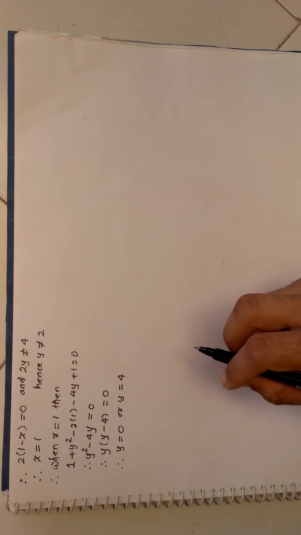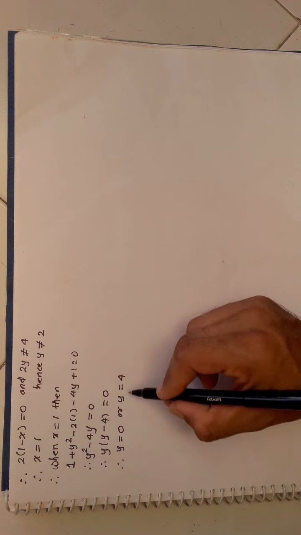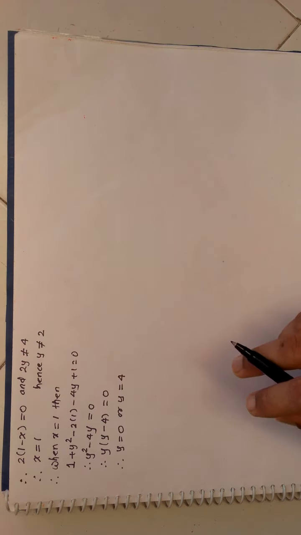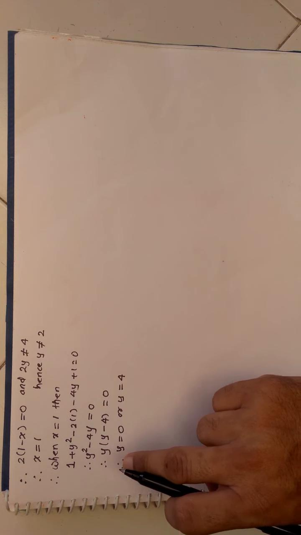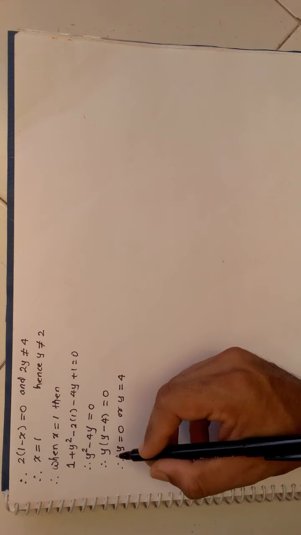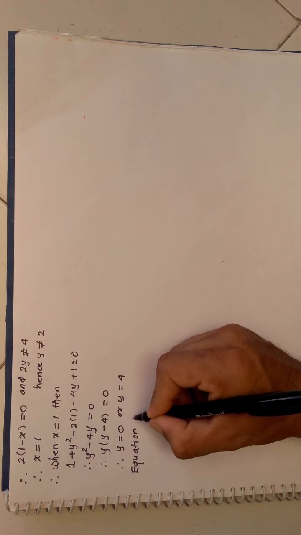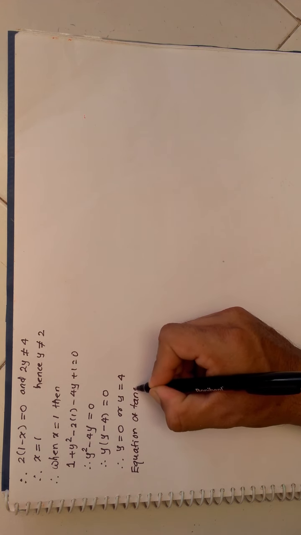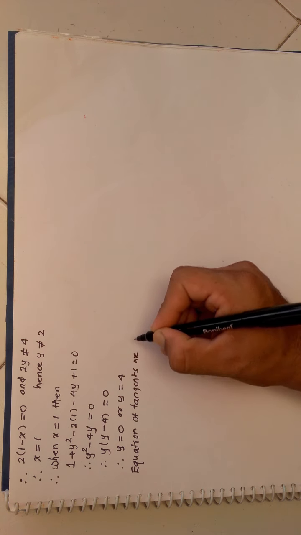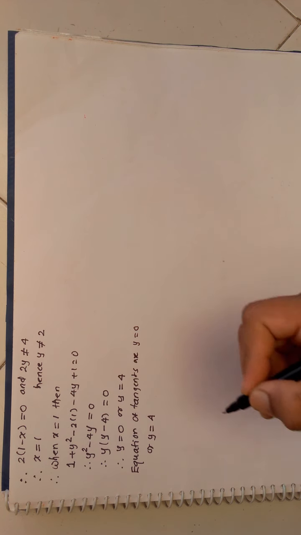Now see the condition we have got, that y must not be equal to 2. Neither of these 2 points violates this condition. So we can say that the equations of the tangents are y is equal to 0 or y is equal to 4.